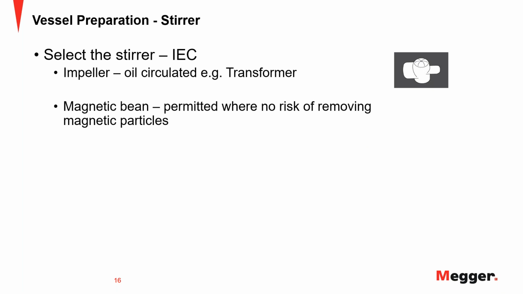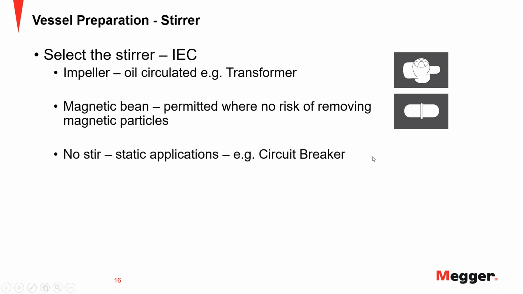However, this is permitted where there's no risk of removing or in any way preventing magnetic particles from being present in the actual testing sequence. And that's the magnetic beam. And also there's an option for no stir. So this would typically be used for static applications. So an oil filled circuit breaker that isn't circulating the oil, you would then choose to have no stirring as your option.